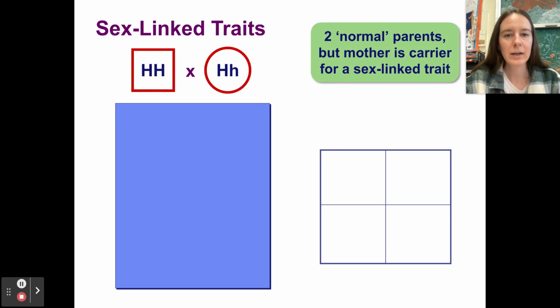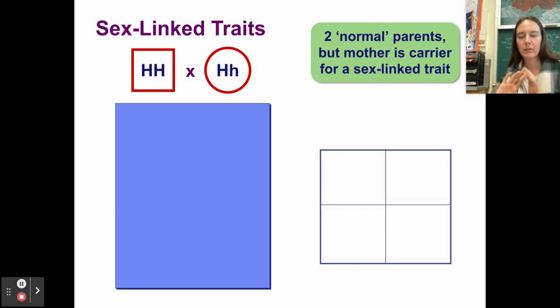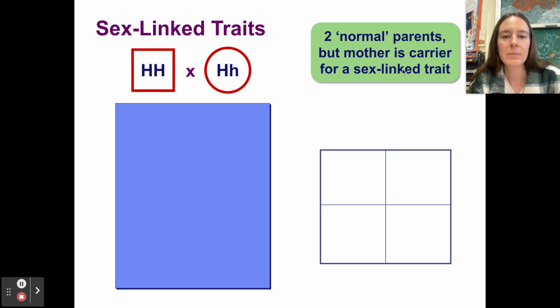So let's look at two normal parents. We're just going to create our own gene, for example. In this case, we have our father, which is going to be determined by this square here, and our mother is going to be a circle. And the mother is a carrier for a sex-linked trait. So the father is homozygous dominant, and the mother is heterozygous. She's carrying a sex-linked trait.